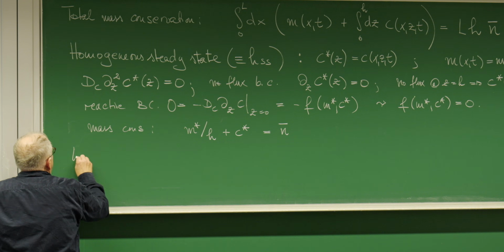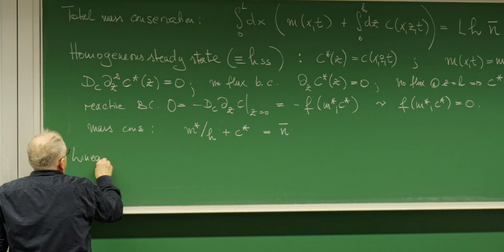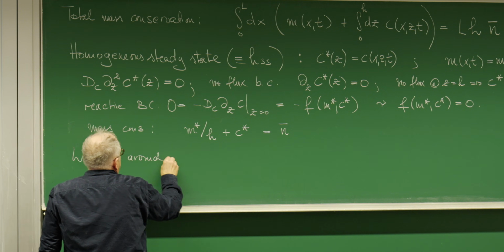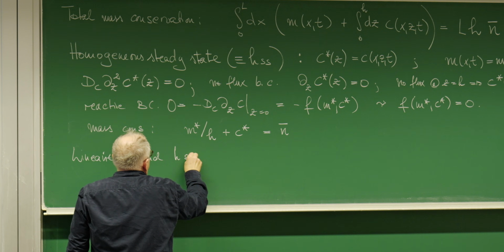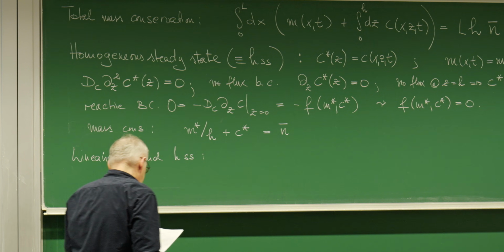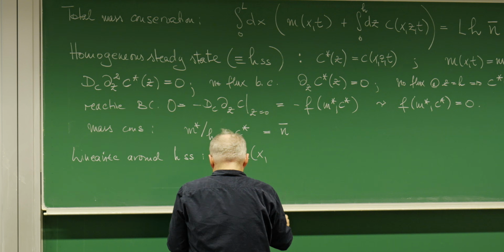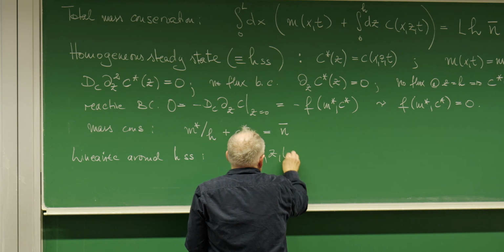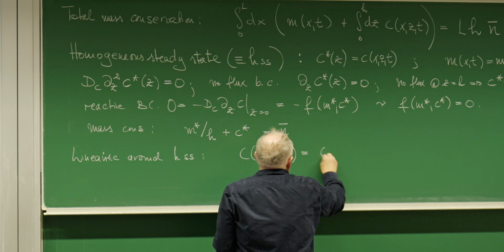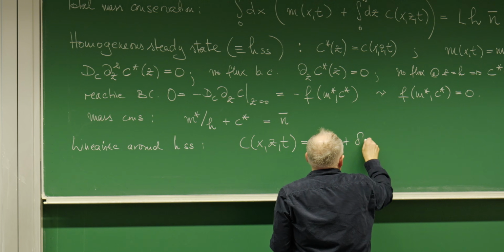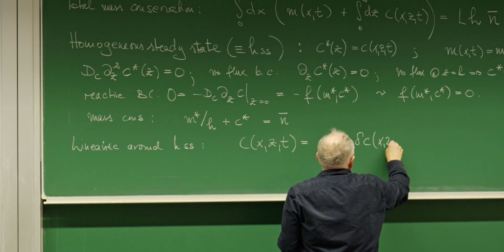Next is that we linearize around the base state, so around our homogeneous steady state. And for that, as usual, we just write for c, this is our homogeneous steady state, plus some kind of perturbation.